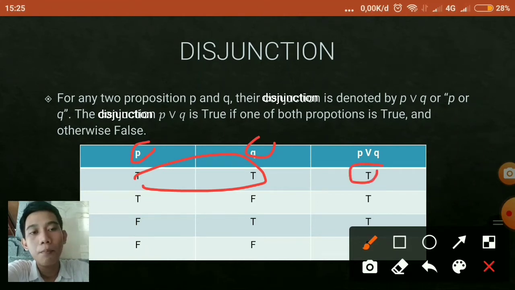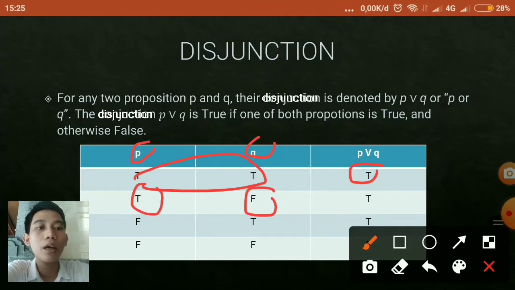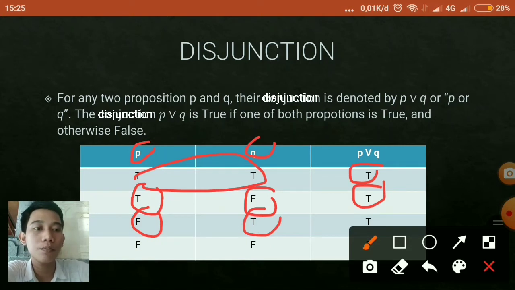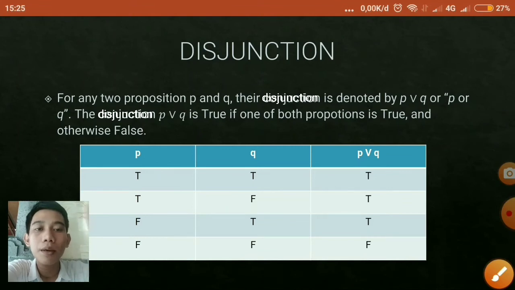If P is true and Q is false, then P or Q is true. If P is false and Q is true, then the disjunction of P and Q is true. And if P is false and Q is false, then the disjunction P or Q is false.